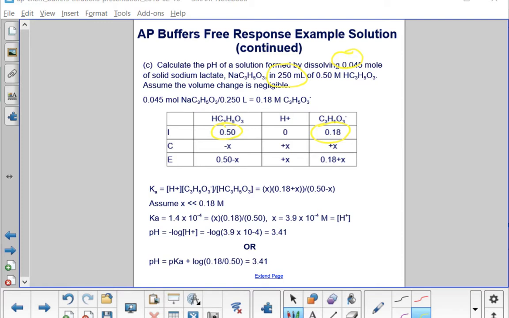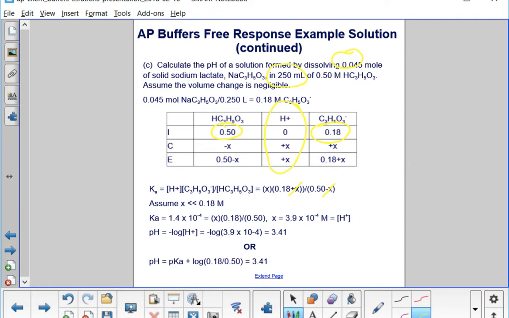So for the lactic acid, 0.5 minus X, for the hydrogen ion plus X, and for the lactate, 0.18 plus X. I can sub all of that into my original Ka expression from part A, keeping in mind here now that we'll assume that X is much, much less than 0.18 or 0.50, so that we can assume it's 0 here and here to calculate X. And X, of course, is the concentration of the hydrogen ion, again shown here.